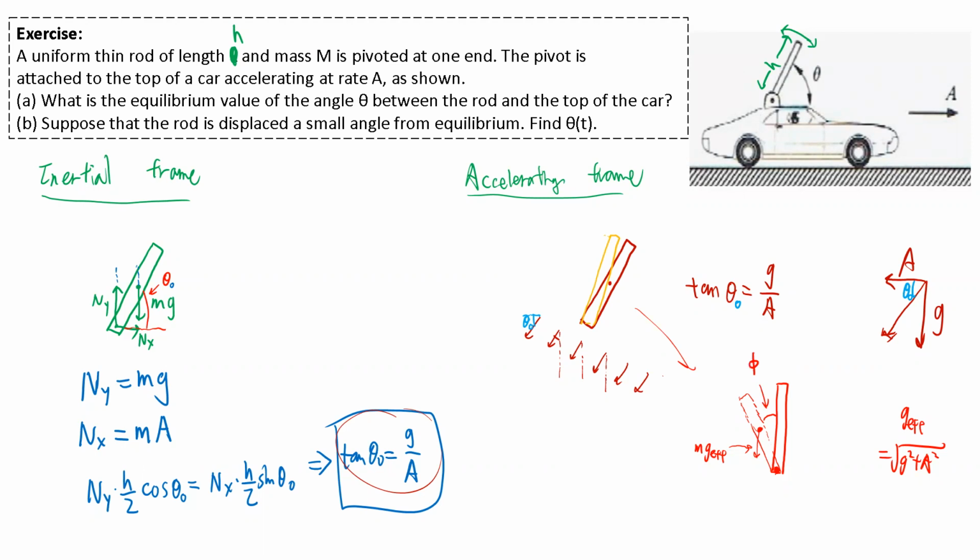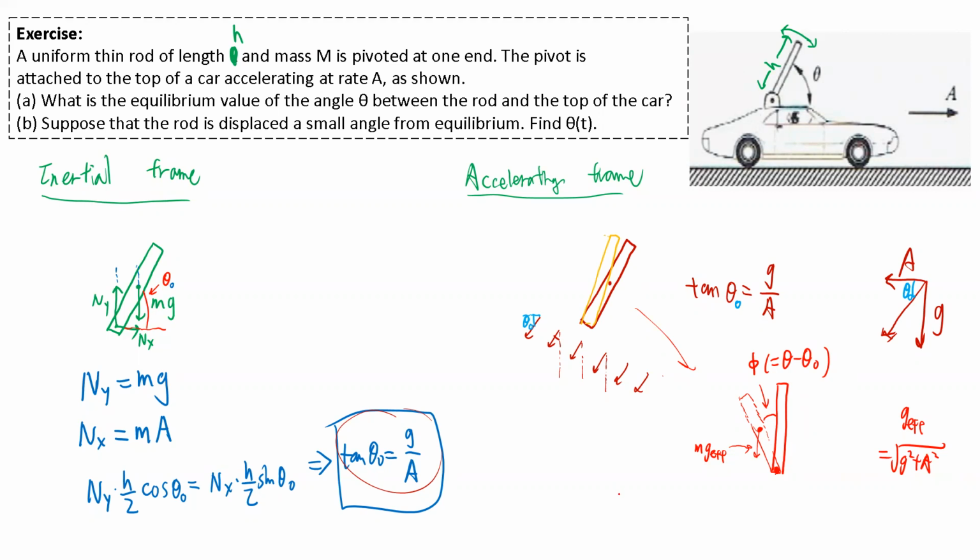In fact, phi is just theta minus theta naught. So this angle phi is just the angle displaced from the equilibrium position. So this is just theta minus theta naught. Okay.